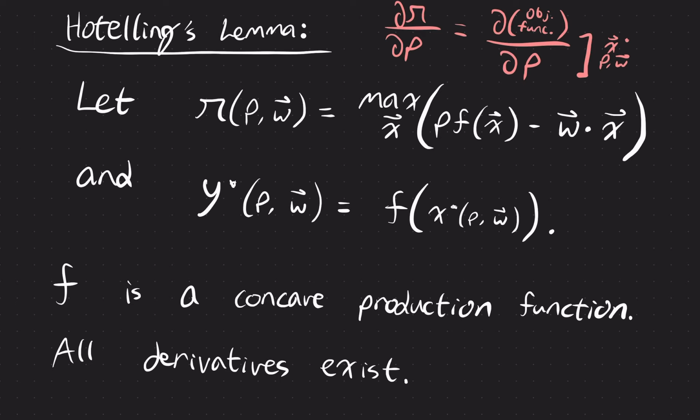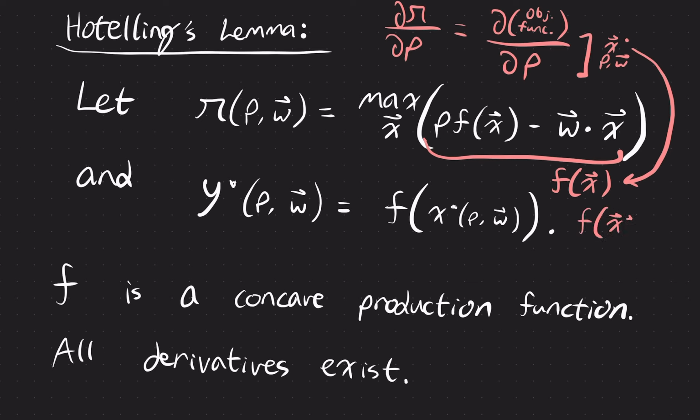But this here is the objective function, and the derivative of that with respect to p, there's no p over here, the only p is here, and the derivative is just going to be f of x. And now we just plug in whatever our x star is, and we get f of x star, which we can write as a function of p and w. And look at that.